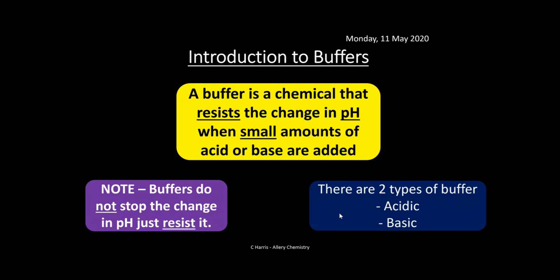So they don't change it. And there's two types of buffers that we need to know. One's acidic and one is basic. Okay? Now with buffers, I think the key thing, so I'm going to mention this now before we actually dive into it, is that we've really got to understand the mechanics of a buffer.